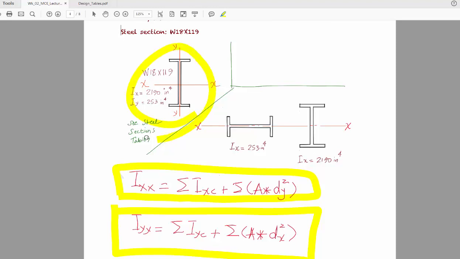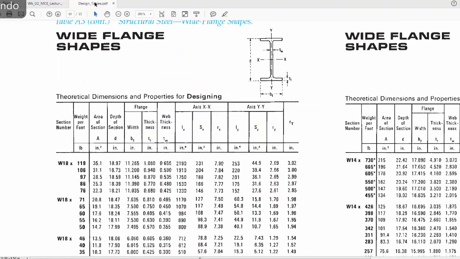Now if we take a look at this section, which is W18 by 119, and if you look at the table for the properties of the section, it will list the moment of inertia about x and moment of inertia about y. So here is the section, and this is the moment of inertia about x, and this is moment of inertia about y.